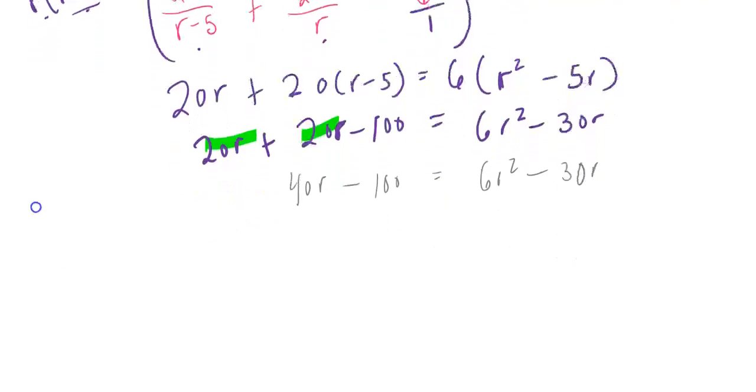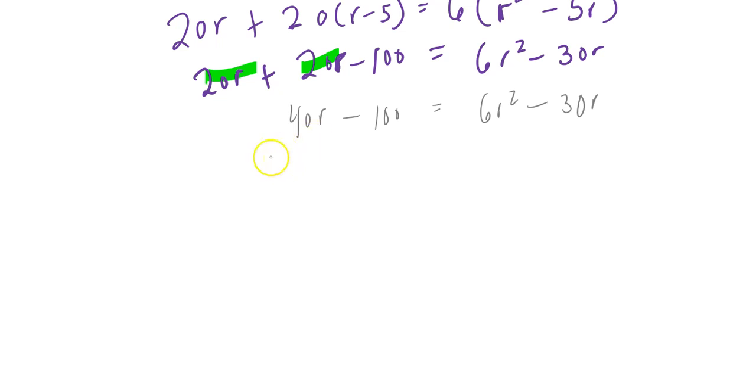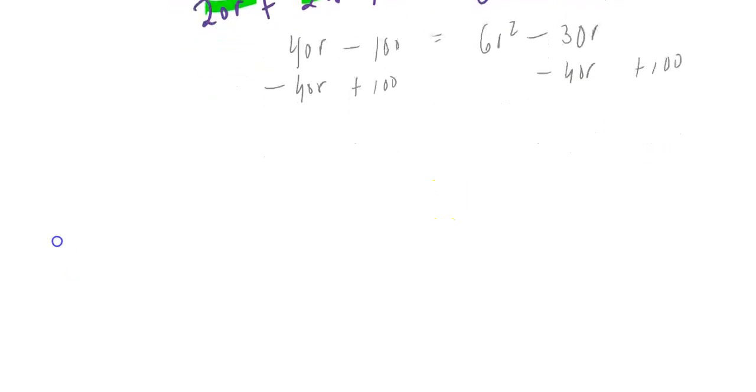It's a quadratic. So let's set everything equal to 0. Zero equals 6r squared minus 70r plus 100.